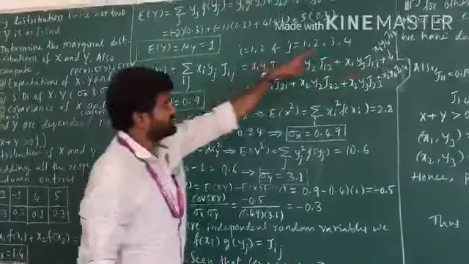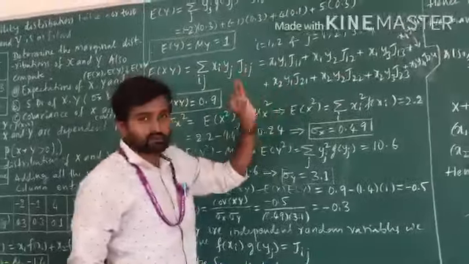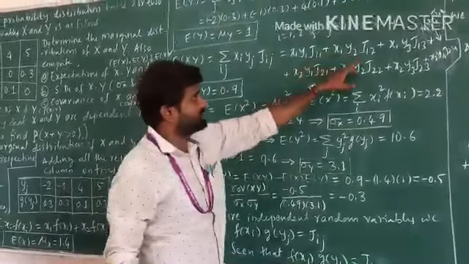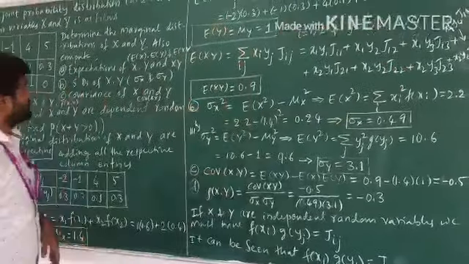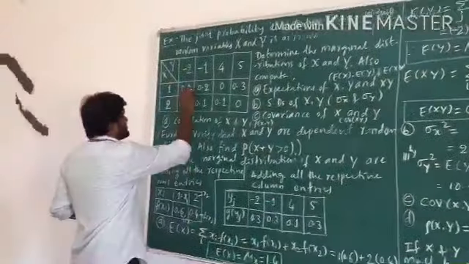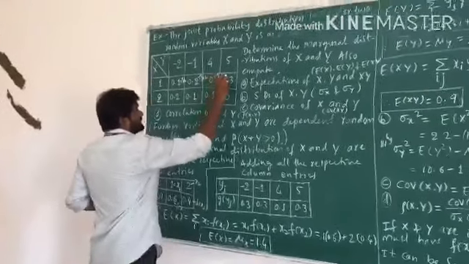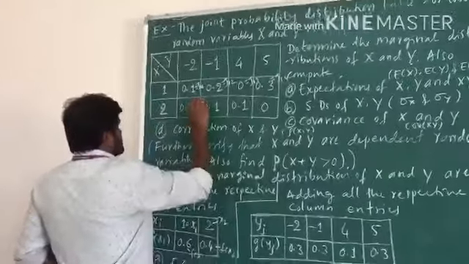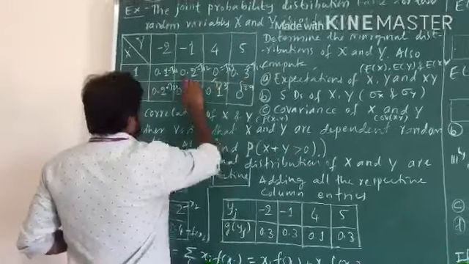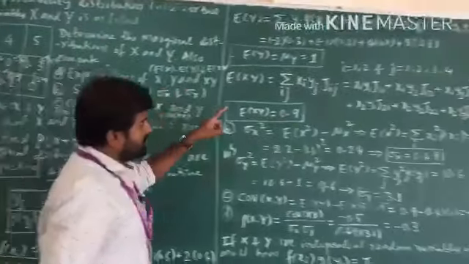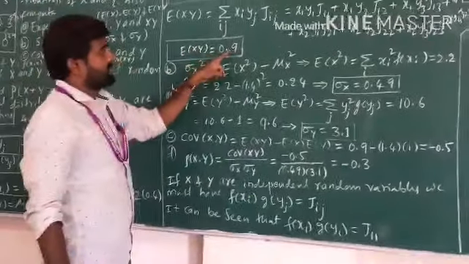After splitting this summation, you get this expression. You have every value: x1, x2, y1, y2, y3, y4, and p11, p12, p13, p14, p21, p22, p23, p24. After substituting all values here, expectation of x and y is 0.9.